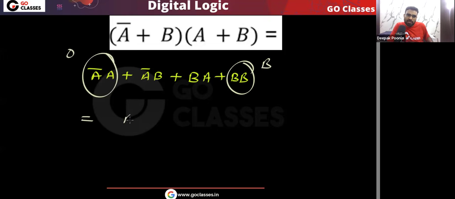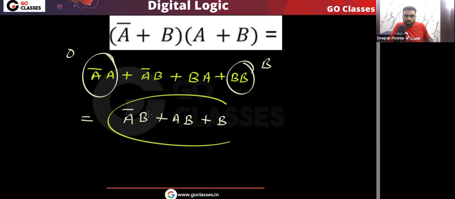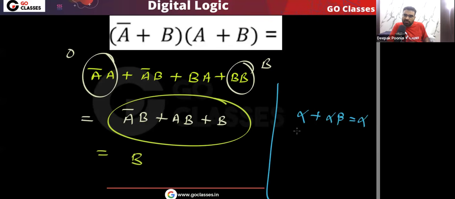So finally we have A bar B or A B or B. Now we can apply the absorption law here. Using the absorption law, this will become simply B, because we already know that alpha or alpha beta is same as alpha. This is the absorption law. So here you can notice that we have B here, here also B, here also B. So finally it will become B. The answer will be B.